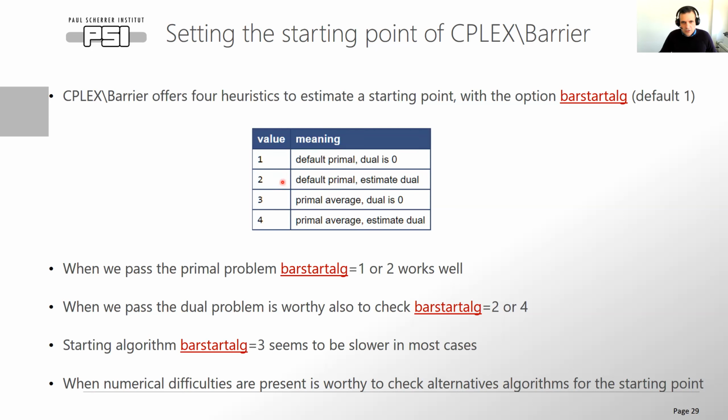And when we pass the dual, the others are perhaps more suitable. It's hard to say immediately which one to choose, so it's worth checking alternatives for this parameter. But most probably, if you pass the primal problem, 1 or 2 should be good candidates.